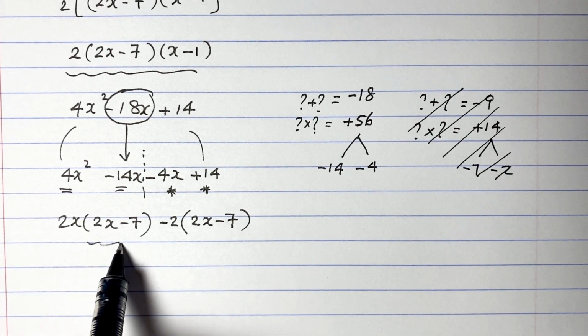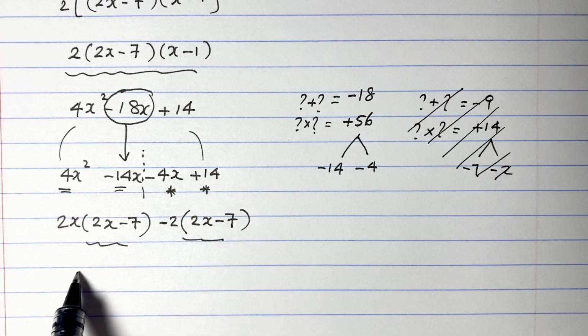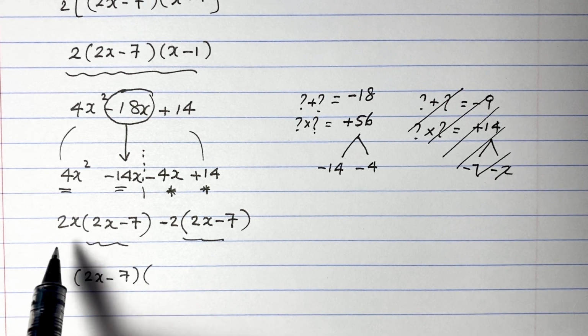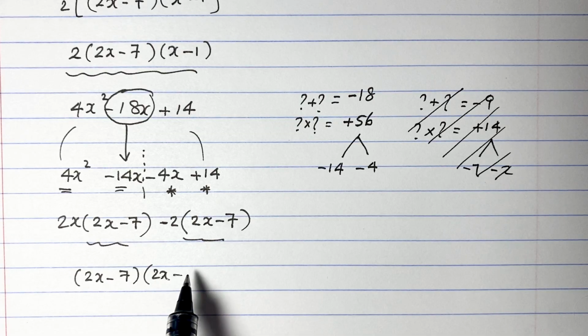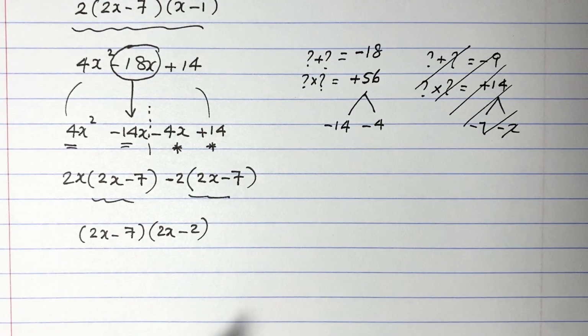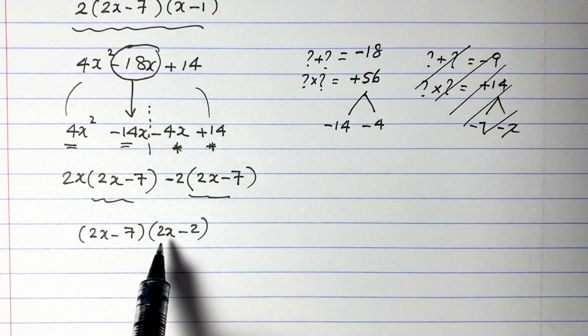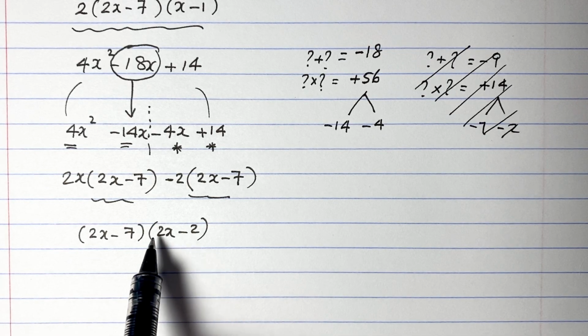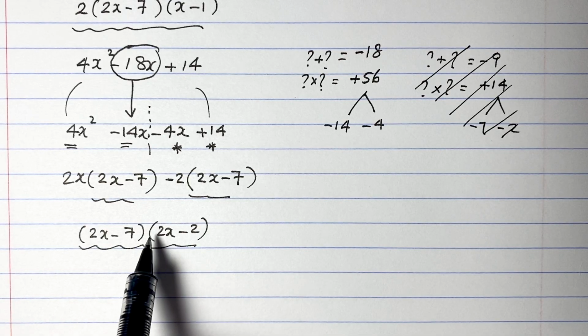Now factorize the bracket. (2x minus 2). But look here, there is a 2 that can be factorized in your answer. This is your final answer, but best to factorize a number out.